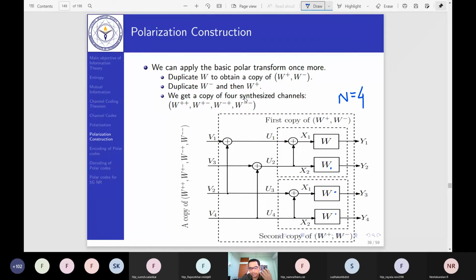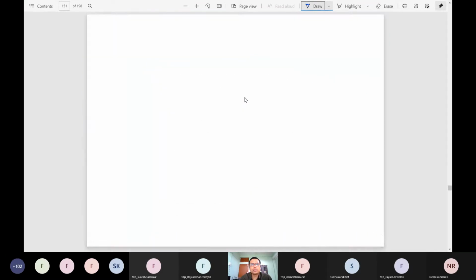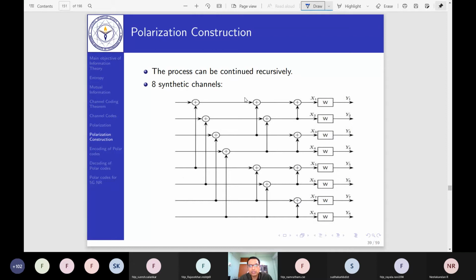We can recursively perform the same procedure again and again to get a polar code of length equal to some power of 2. It should be noted that the length of polar codes is always a power of 2. This process can be continued recursively. This is one example of a polar code with length n equal to 8.